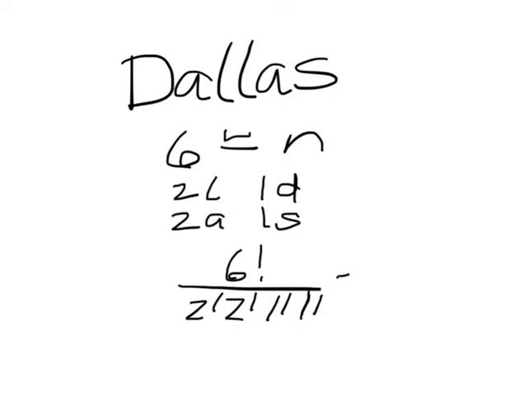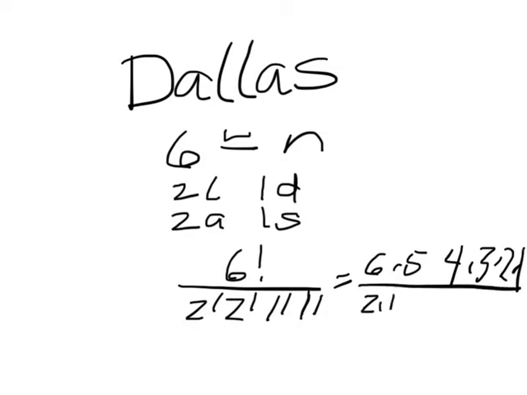And then you have to simplify that. 6 times 5 times 4 times 3 times 2 times 1 over 2 times 1, 2 times 1, 1 and 1 multiplied. Well, 2 times 2 is 4, everything else is a 1. So you multiply 30 times 6, and that would be 360 ways to arrange the letters in Dallas.